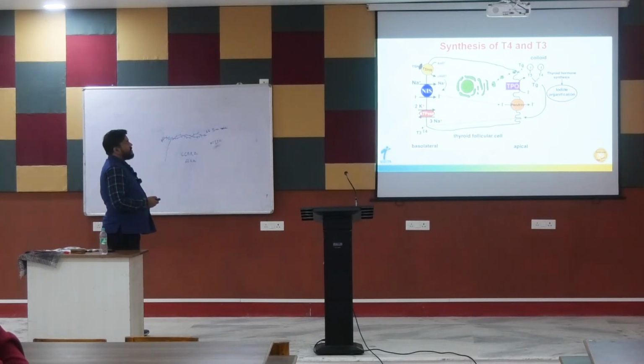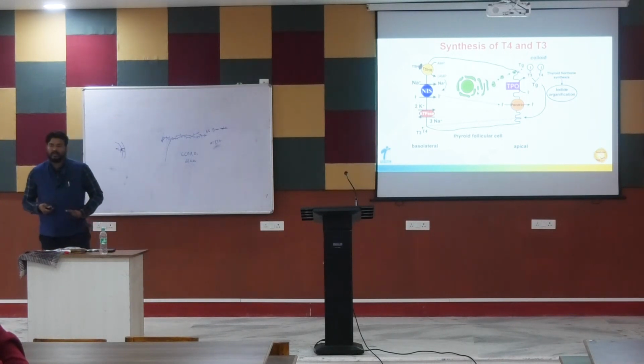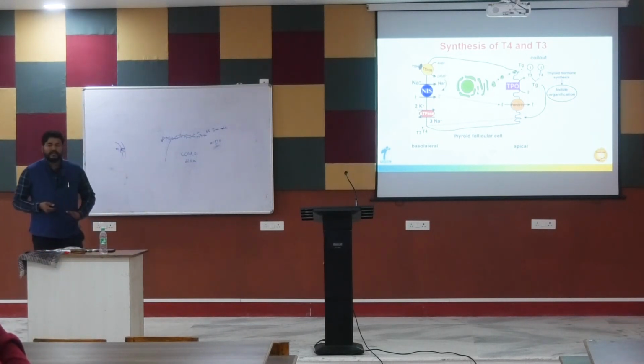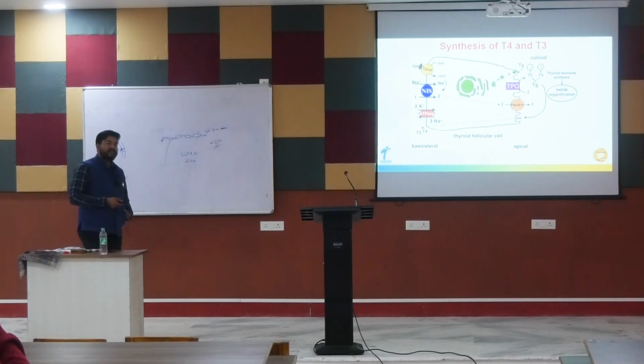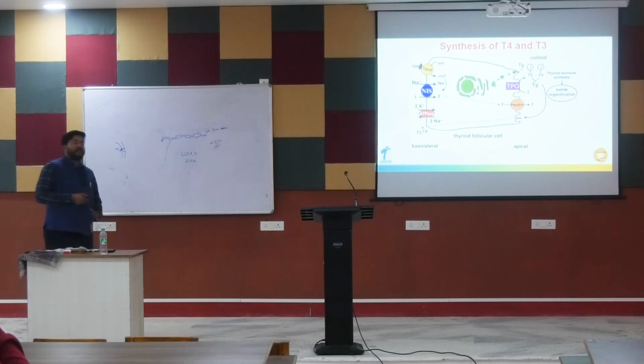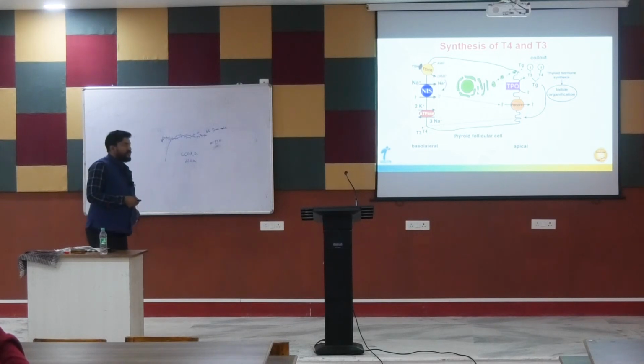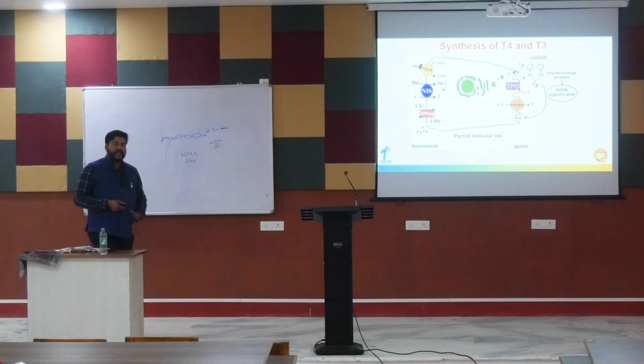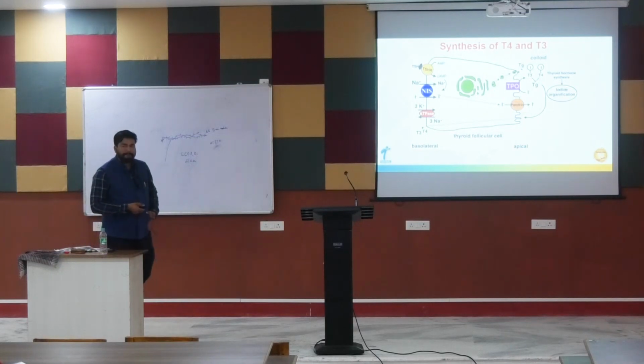This iodide is now transported into the colloid with the help of one molecule, the pendrin molecule. What is the clinical importance of this pendrin molecule? There may be genetic mutation in this pendrin molecule that can lead to hypothyroidism, and pendrin mutation can also lead to deafness. It is called Pendred syndrome.